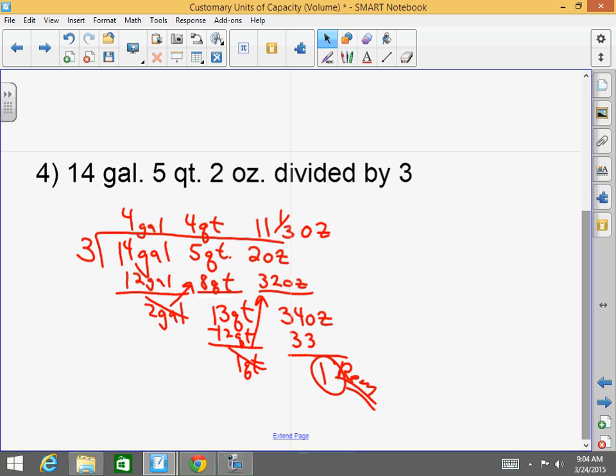If I wanted that in decimal, it'd be 11.33 repeating, but it's better to leave it in fraction form. So again, when you're dividing, make sure you carry over the leftovers until the end. At the end, any remainder that I have becomes a mixed number.